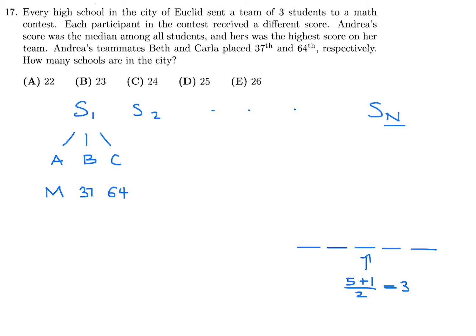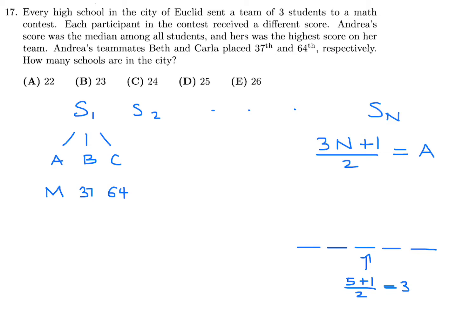In our case, we have N schools, but each school has 3 students, so there are 3N students, and we have to find the median. In the same way, you add 1 and then divide by 2, and that indicates the place that Andrea is in, because she's the median.